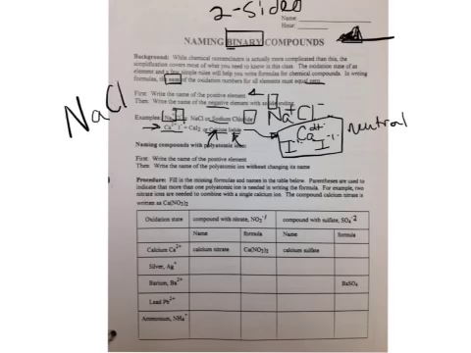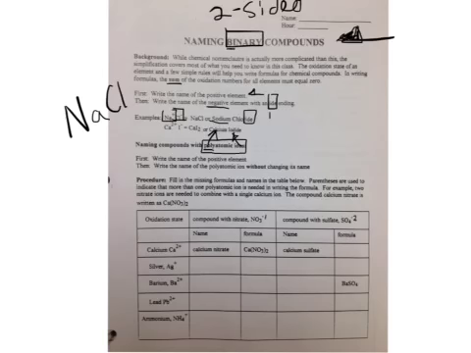But we have these things called polyatomic ions. Poly comes from a Greek word that means many. So a polyatomic ion is going to have multiple atoms in one ion, and they're going to kind of move around as a group. An example here is a compound with nitrate.